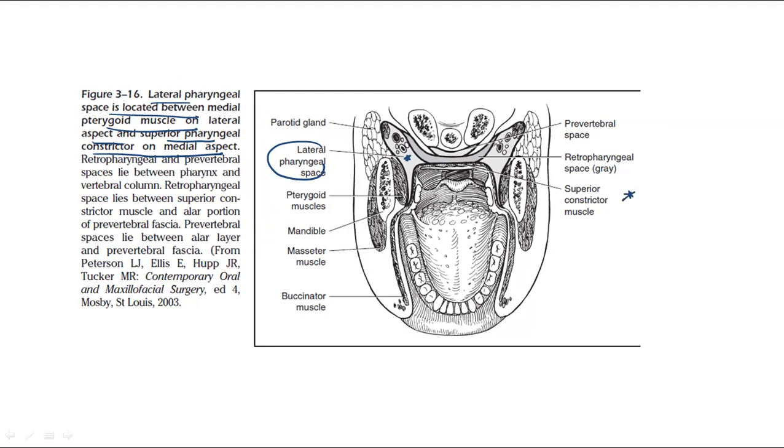So this is the lateral pharyngeal space. It has the medial pterygoid on the lateral aspect, and on the medial aspect you have the superior pharyngeal constrictor muscle.